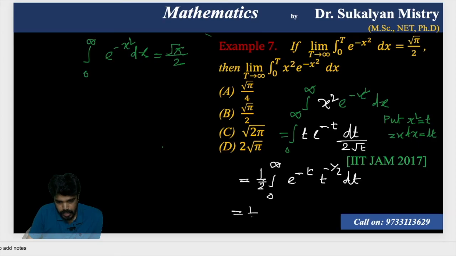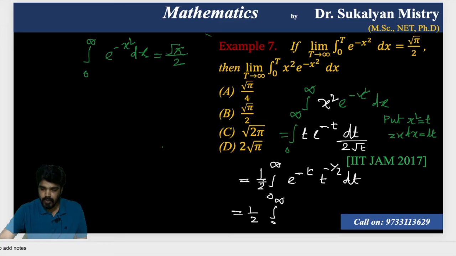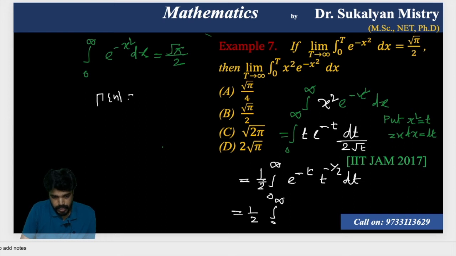So, we know the definition of the gamma function. Gamma n is equal to the integral from 0 to infinity of e to the power minus x, x to the power n minus 1 dx.